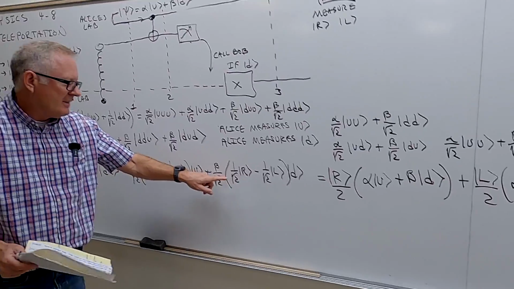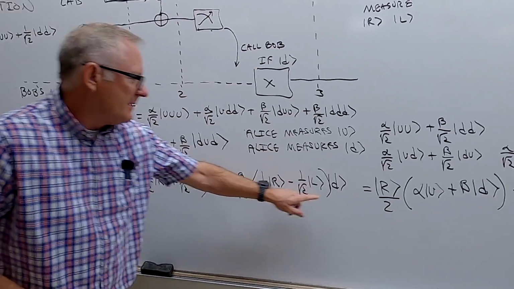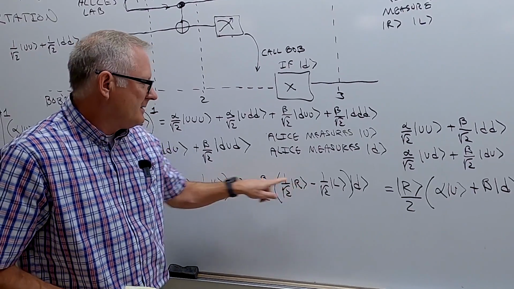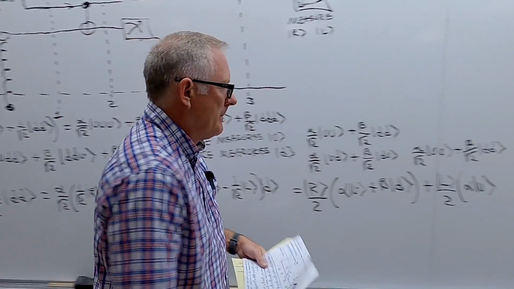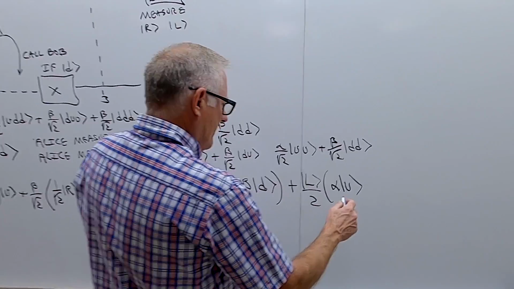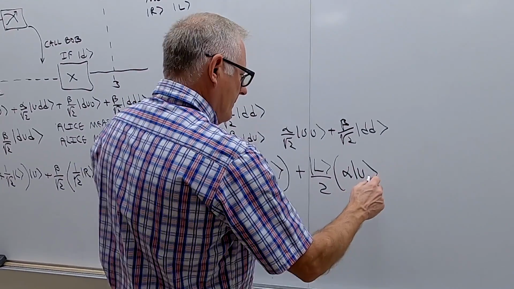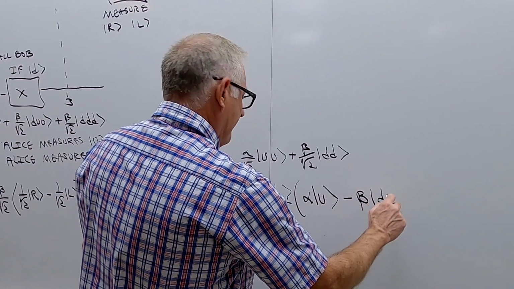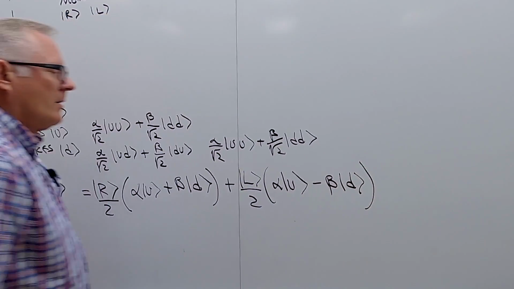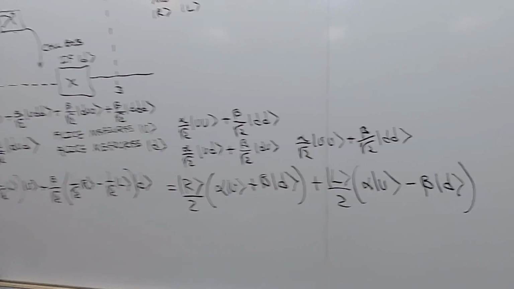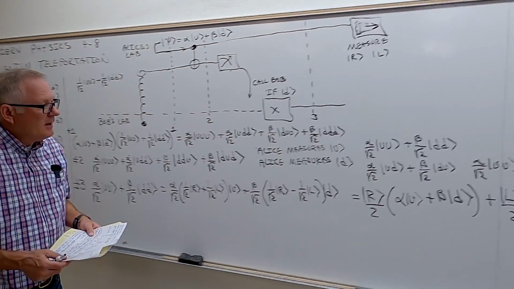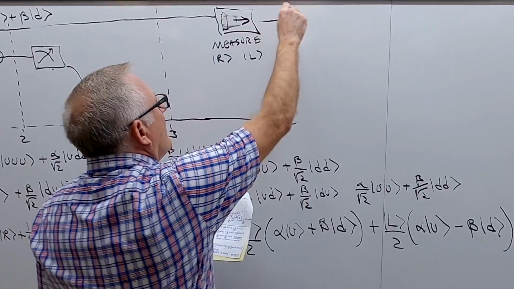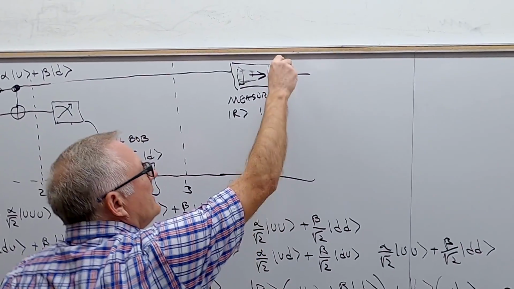Okay, and then we got the last term here. We already pulled out the half. We have a minus beta down. Okay, so now this is what it would be right here.